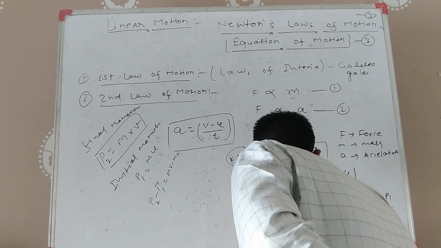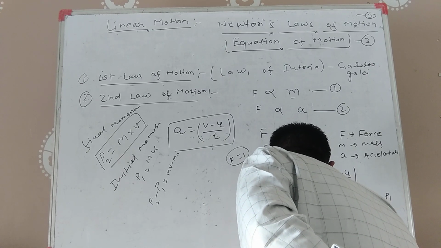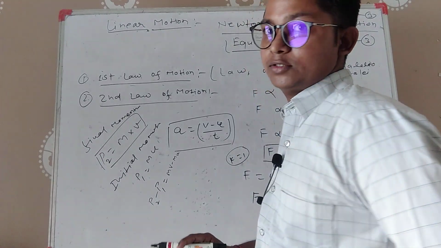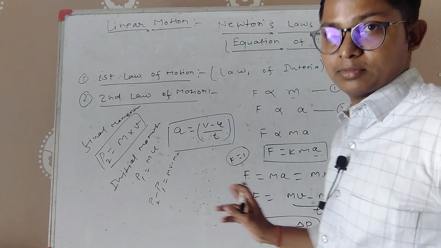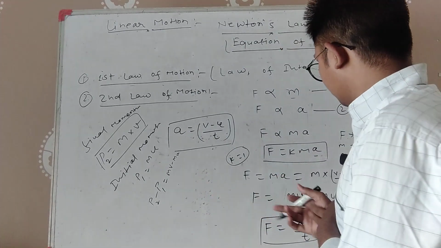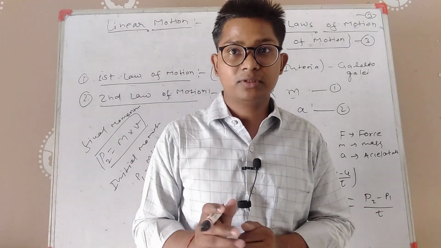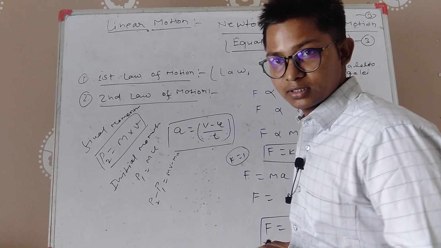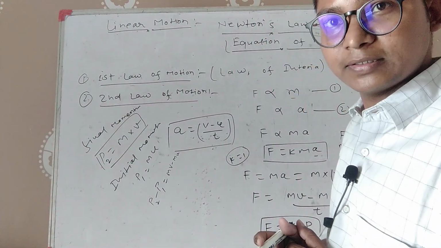F equal to change in momentum, which can be represented by delta p. So the force is also represented in terms of momentum. The force is nothing but the change in momentum with respect to time, which can be written as F equal to delta p by t.